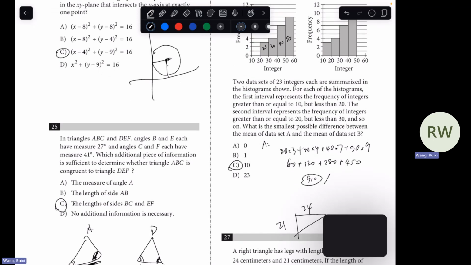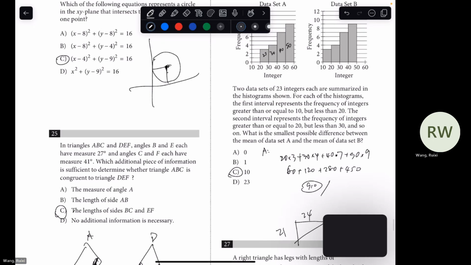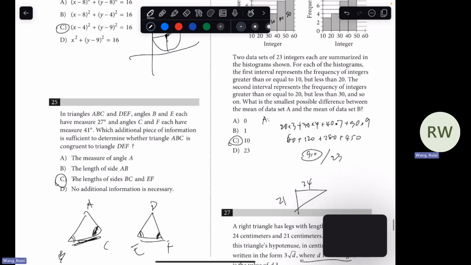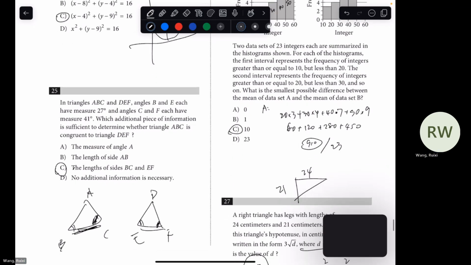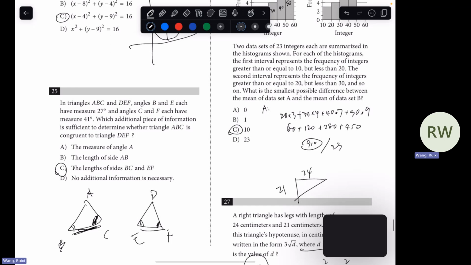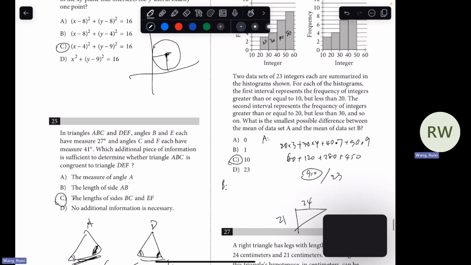Okay, divide by the number of numbers, which is 10, 23. Okay. I think I didn't add it wrong. Okay, so that's data set A, and there's a B.